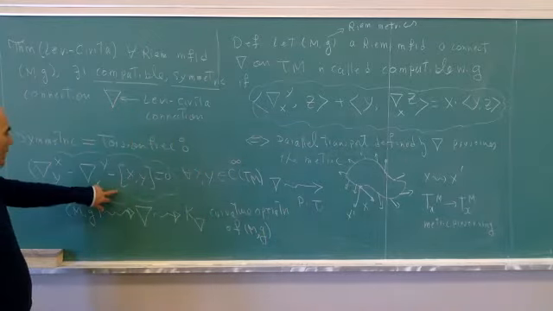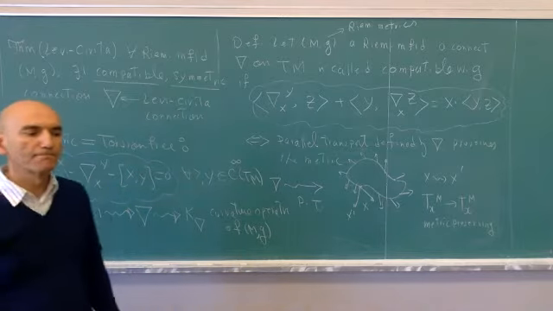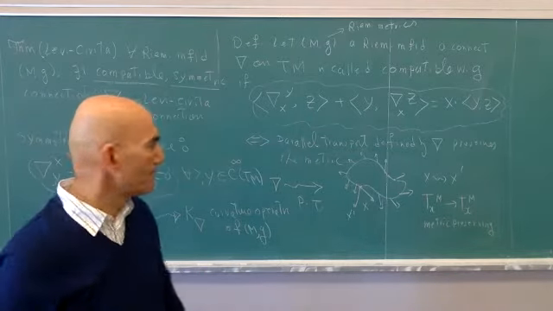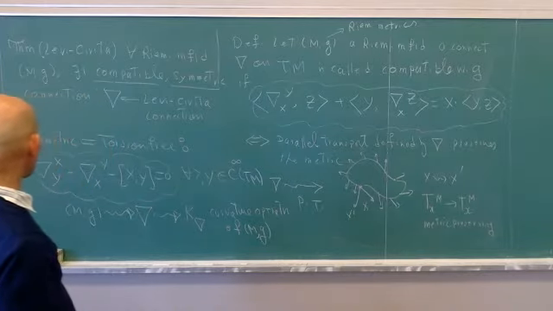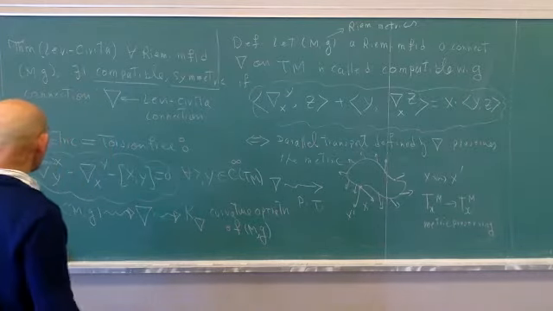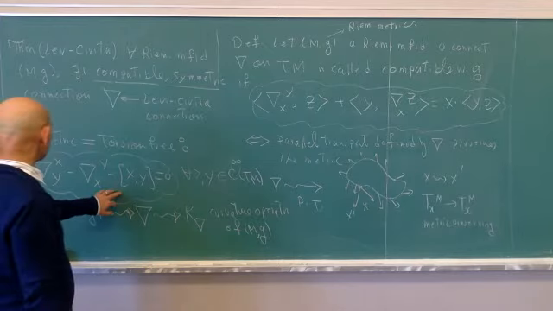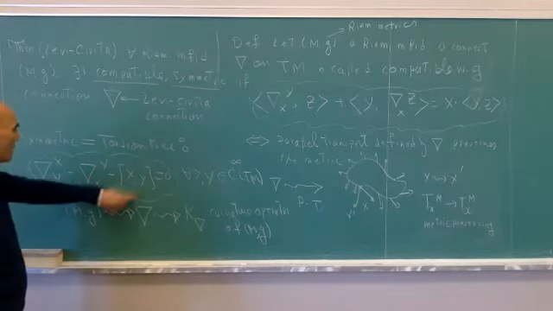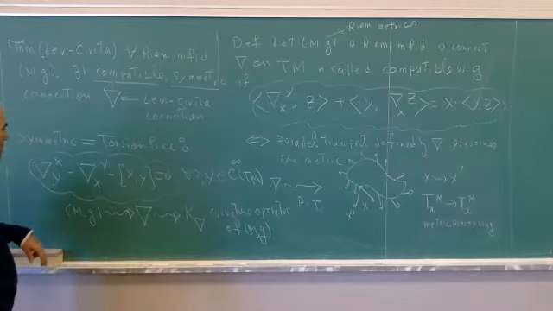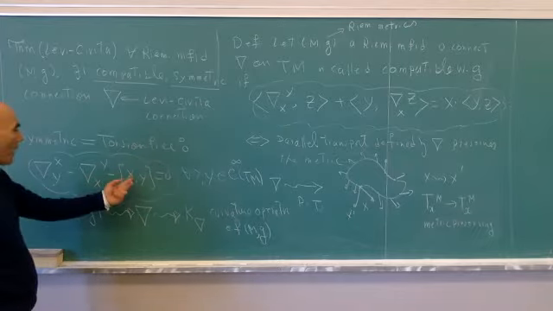Now, let me tell you something. I'm not sure, but in the symmetry, are the x and the y supposed to be the other way around in the nablas? Nabla_x y minus nabla_y x minus bracket of x and y? Or should it be bracket of y and x?